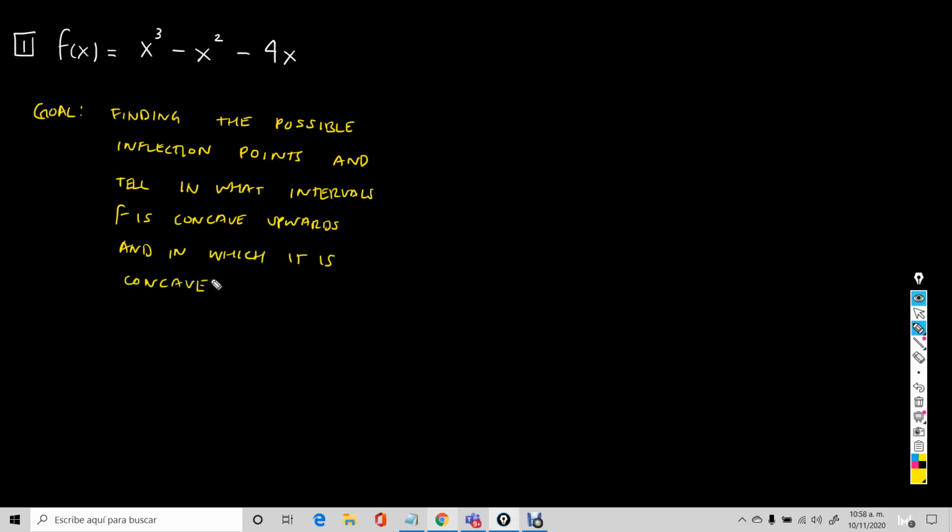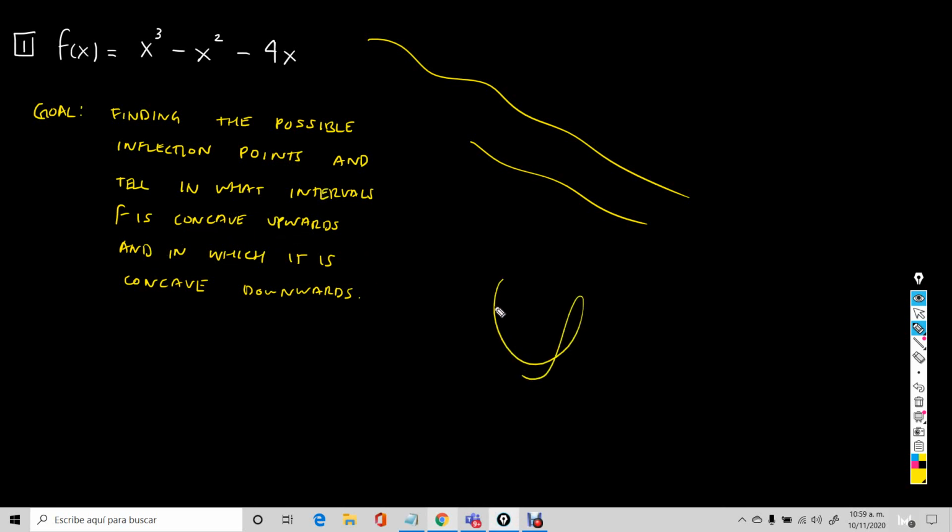So that's the big goal. You always have to have your goal clearly in your mind, because sometimes people start doing stuff and they don't really know what they're trying to get at. So this is my goal: finding the possible inflection points, and with these inflection points, help myself tell in what intervals f is concave upwards, like this, and in what intervals it is concave downwards, like this. Okay, let's do it.